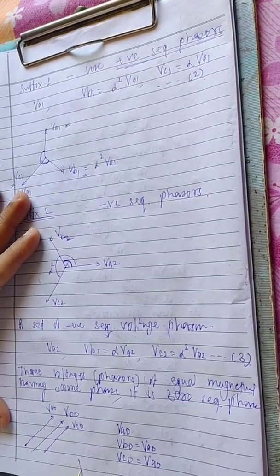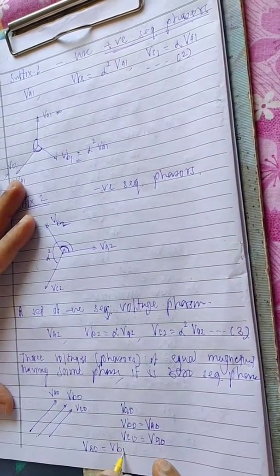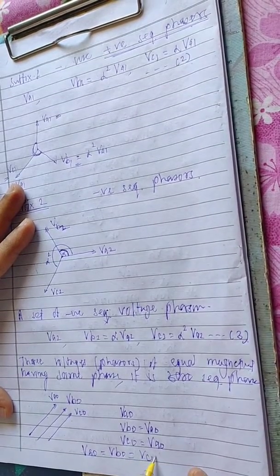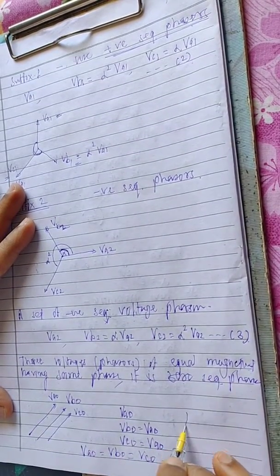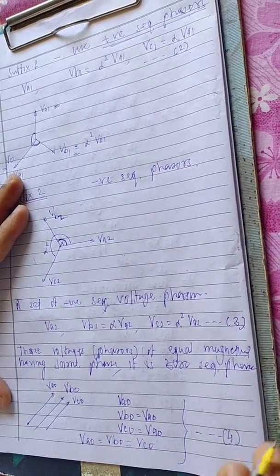So VA0 is equal to VB0 is equal to VC0, and this is equation number 4.